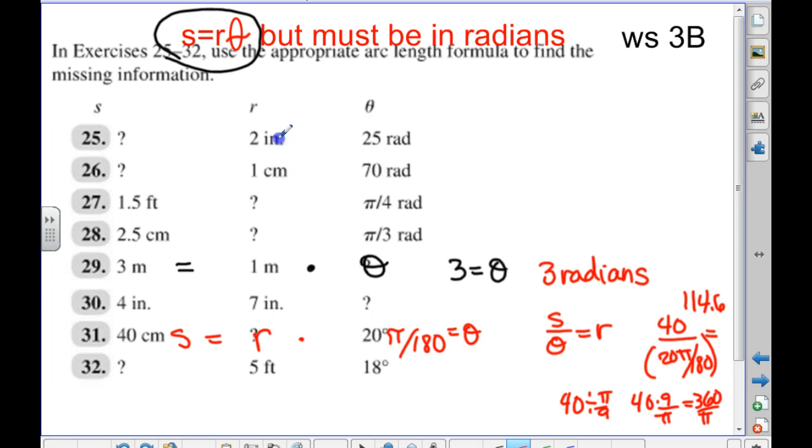And what did we find again? We found the radius, and the original arc length was in centimeters, so this answer is in centimeters. Sorry, I don't have much room there. So this was 114.6 centimeters.